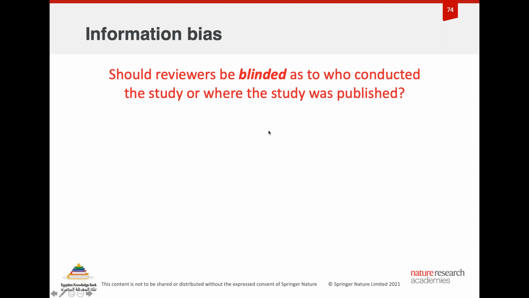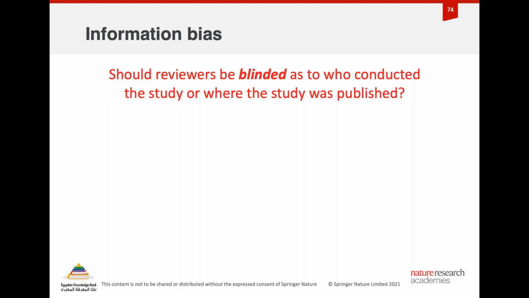With that in mind, people have also thought that maybe it's important to blind the reviewers, so that they don't know who conducted those studies. In other words, maybe one group of people are selecting the studies and then they're blinding, taking away the names, the institutions, or the journals where those papers were published. They don't know if it's a published or unpublished study.